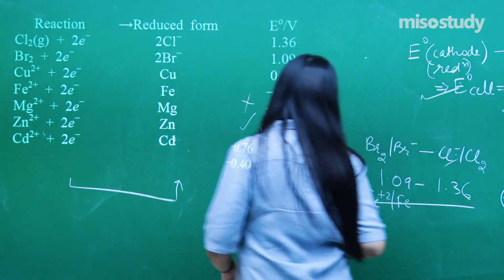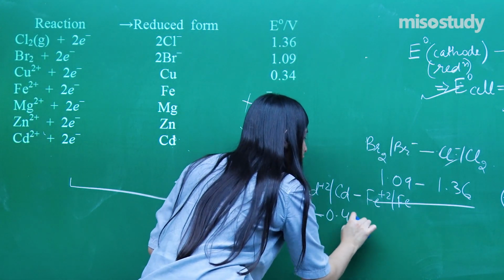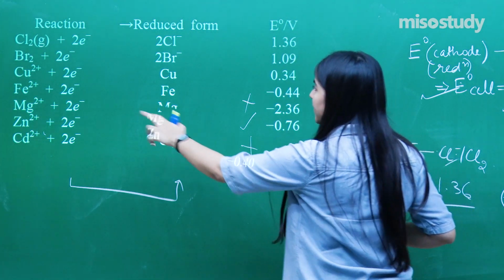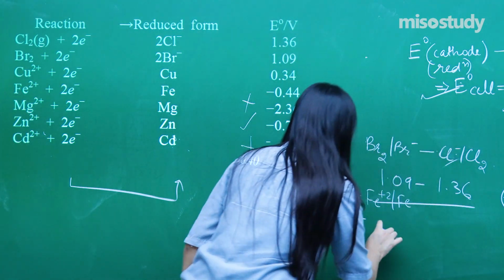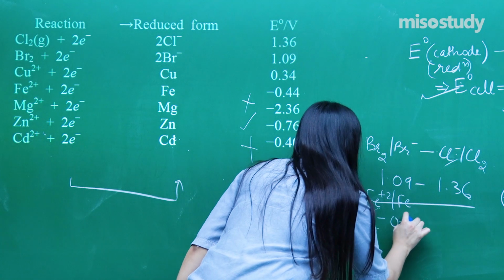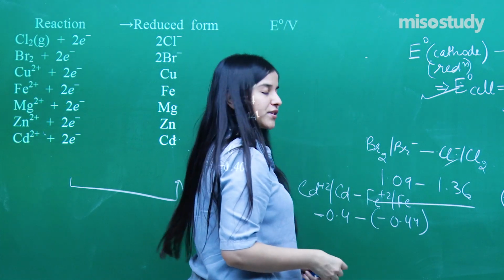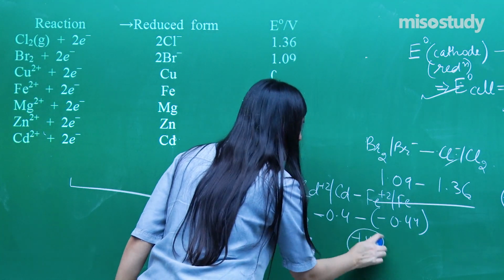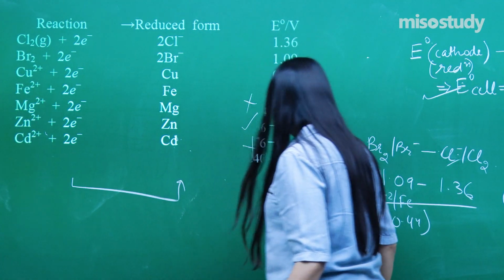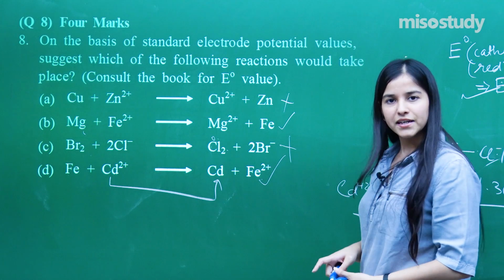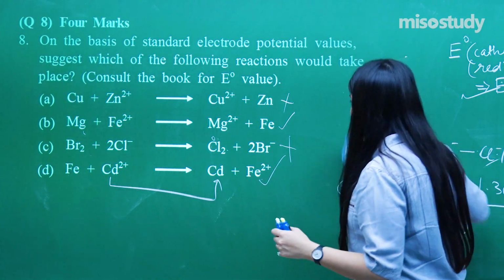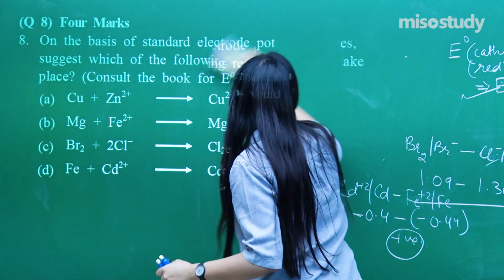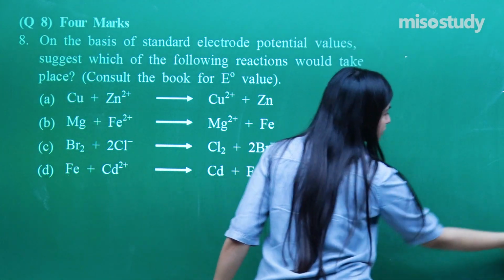Yeah, minus 0.4 minus of Fe, it's minus of 0.44, right? So, it is coming out to be what? How much? It's coming out to be the positive, right? And thereby, this process is feasible. Clear? Okay, that is how you are going to find out. Okay, now, let's move on further to the next reaction.